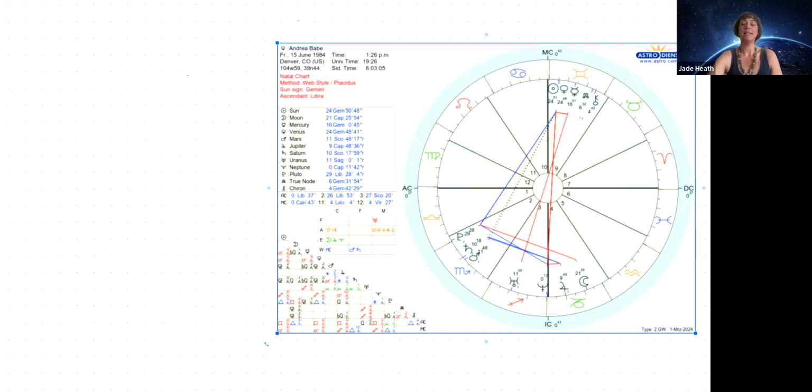We see planets scattered along this inner pie chart. Some of them are clustered together, as we notice here. We see clusters of planets in the second house and in the ninth house. Whenever we have a cluster of 4 or more planets, that's called a stellium. It's a lot of energy happening in that particular house.